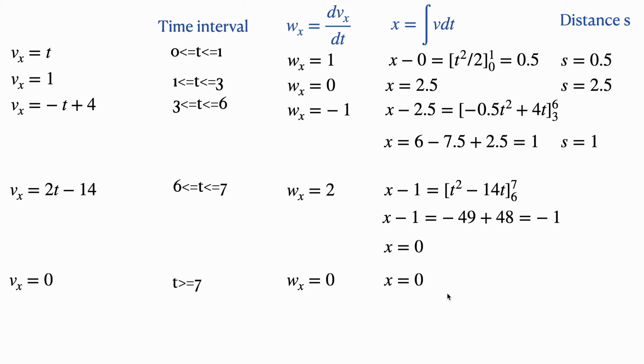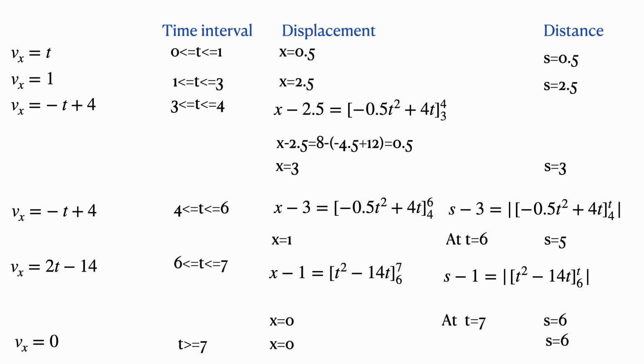Now our next task is to calculate the distance covered in these time intervals. So for distance covered, we need to take the modulus. In the first time interval, velocity is positive, so distance will be equal to displacement.